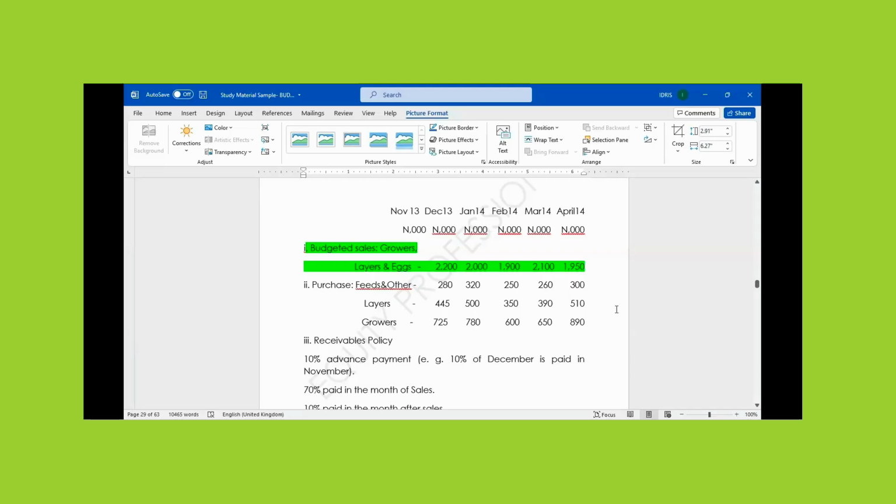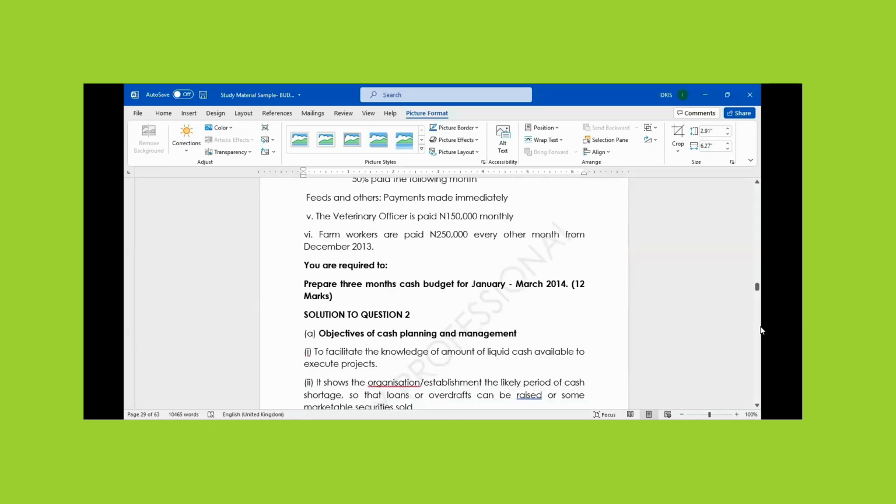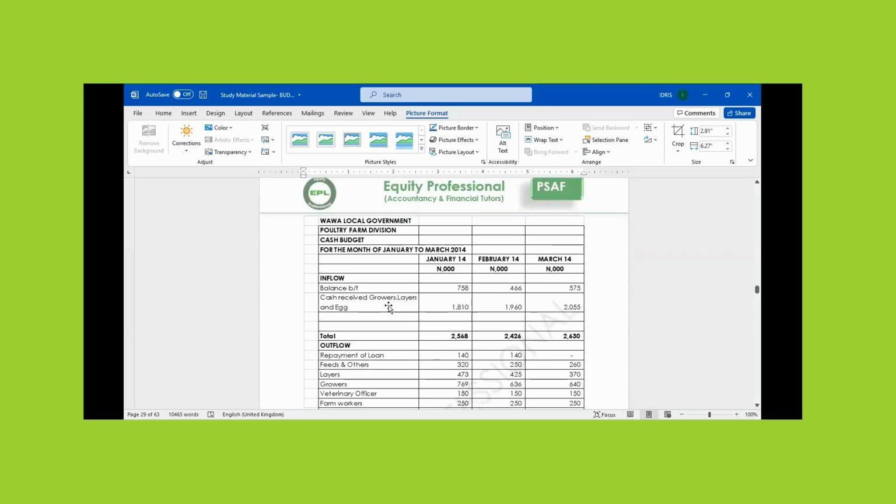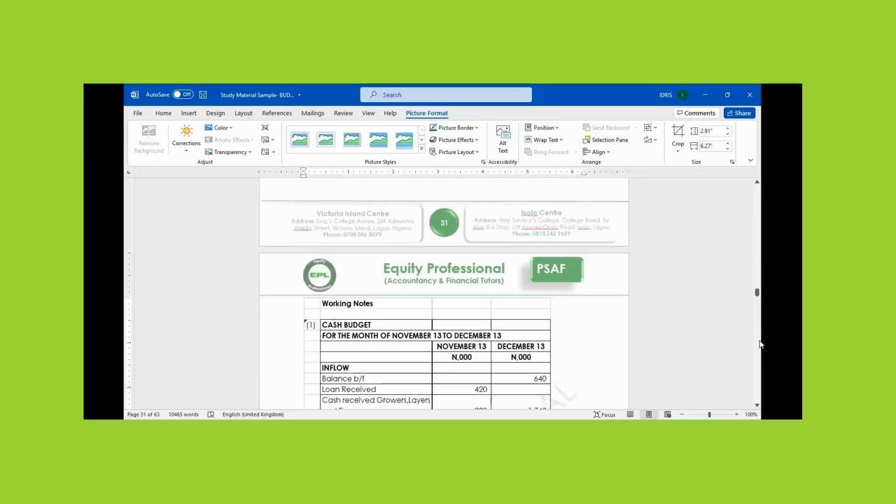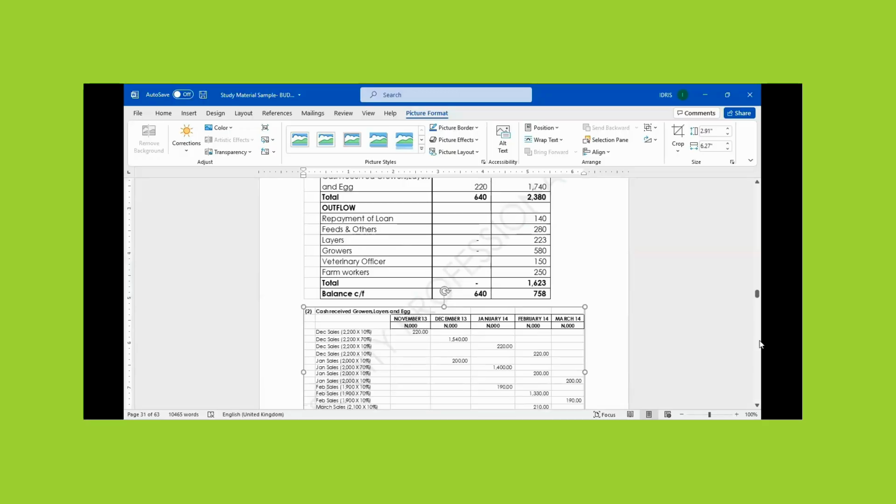December, working note 1, under outflow, feed and others. Feed and others, 280, for December.